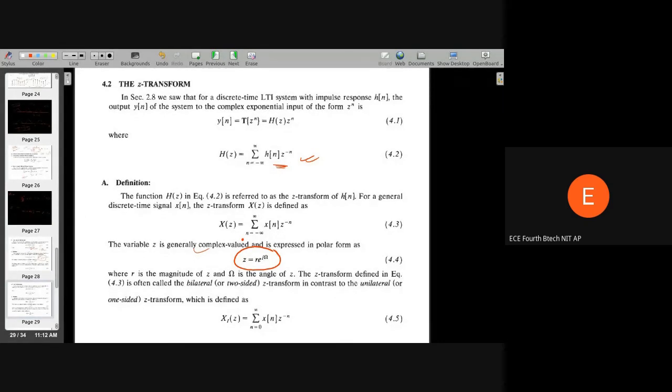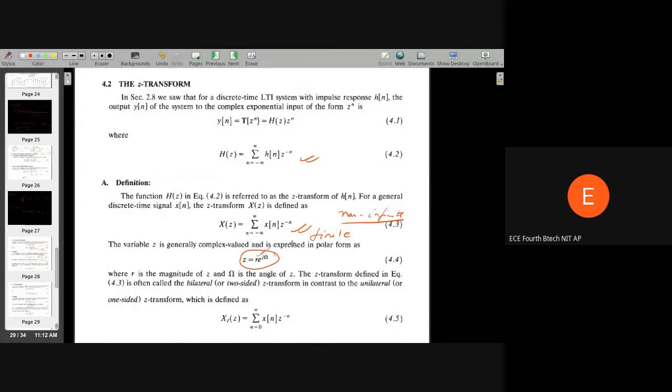In other words, whether this exists or not, whether you can find a non-infinite, or rather a finite solution to this, depends on the value of r here.